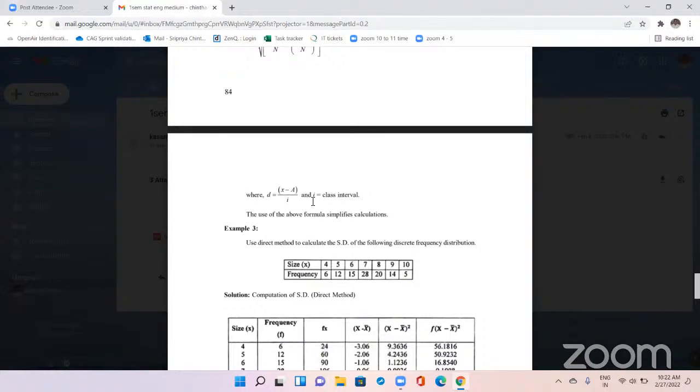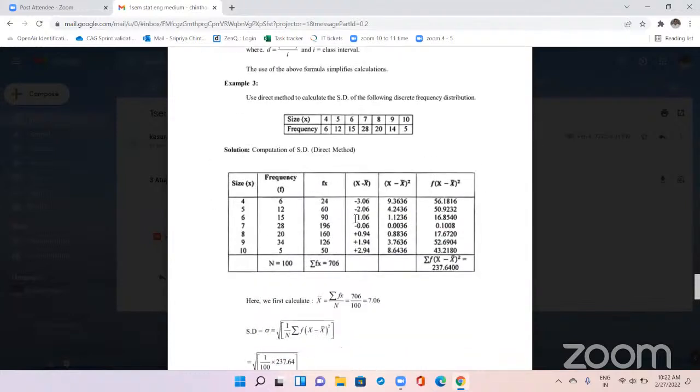It is wrong to write only class interval: i is equal to the width or size of the class interval. The use of the above formula simplifies calculations.